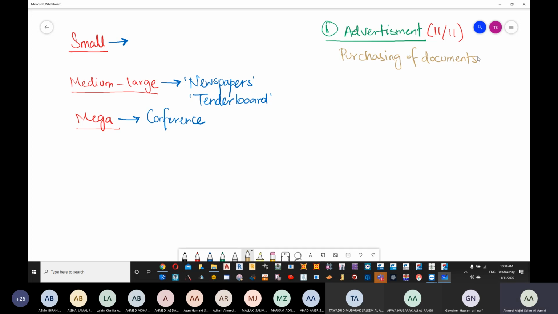These documents are for a certain amount of money, and this amount is not going to be returned. If you want to bid, you need to purchase these documents because they have all the details required.